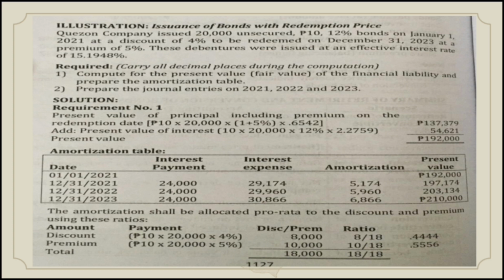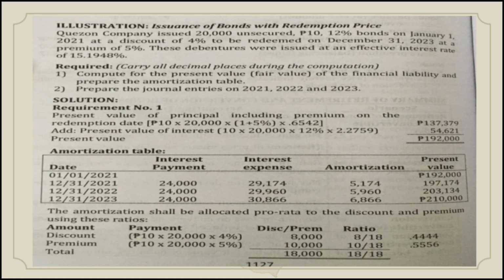We have the present value of 192,000, and we multiply it by 15.1948%, so the interest expense on December 31, 2021 is 29,174. To get the amortization, we subtract the interest payment from the interest expense.